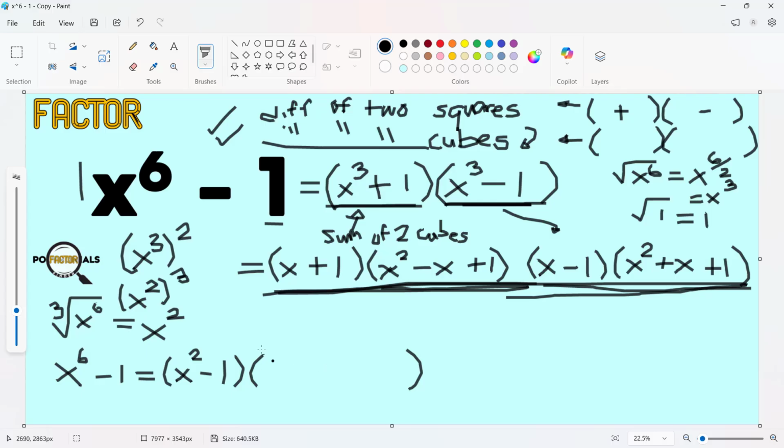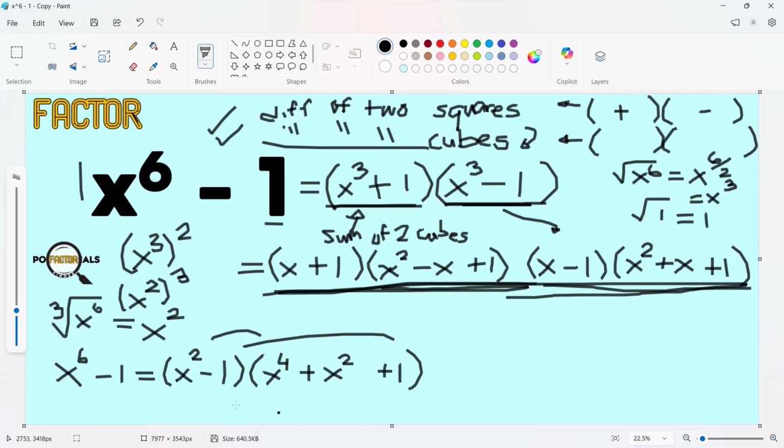But for the trinomial expression, the square of the first term, x to the power of 4, the square of the last term, you will have here plus 1, and then when you multiply them, x squared times negative 1 is negative x squared, and the opposite of that, or the negative of negative x squared, is positive x squared.